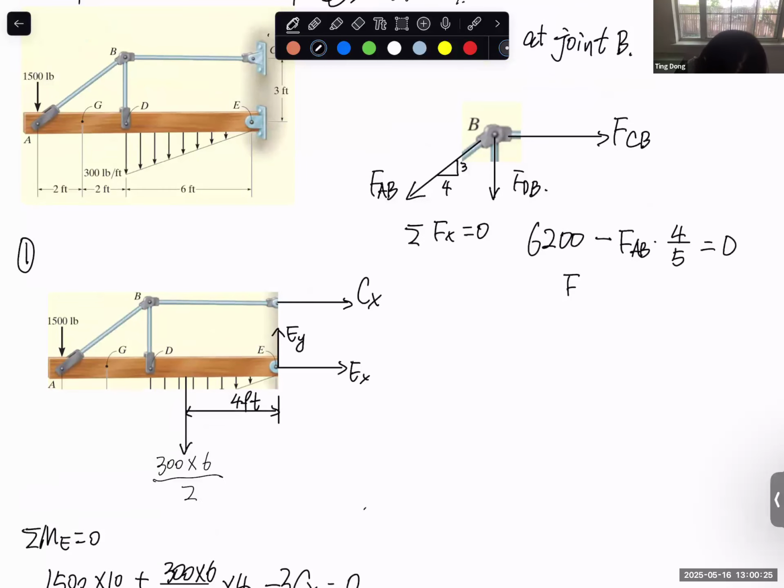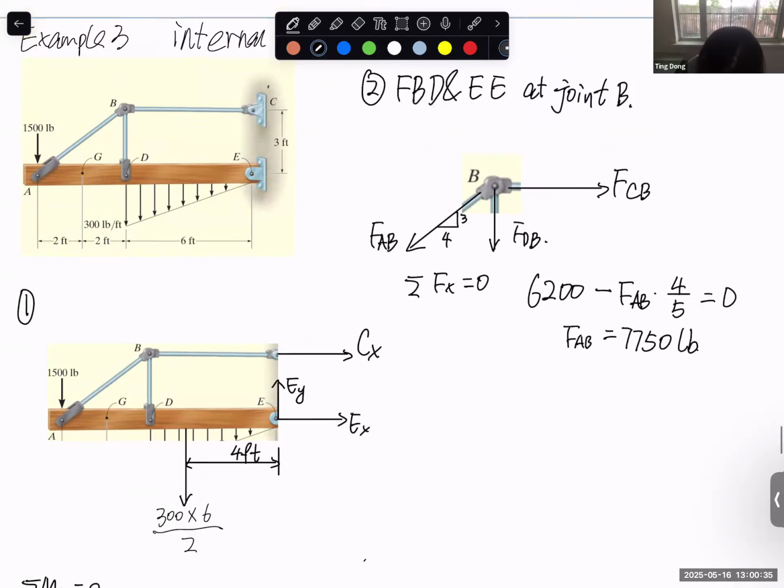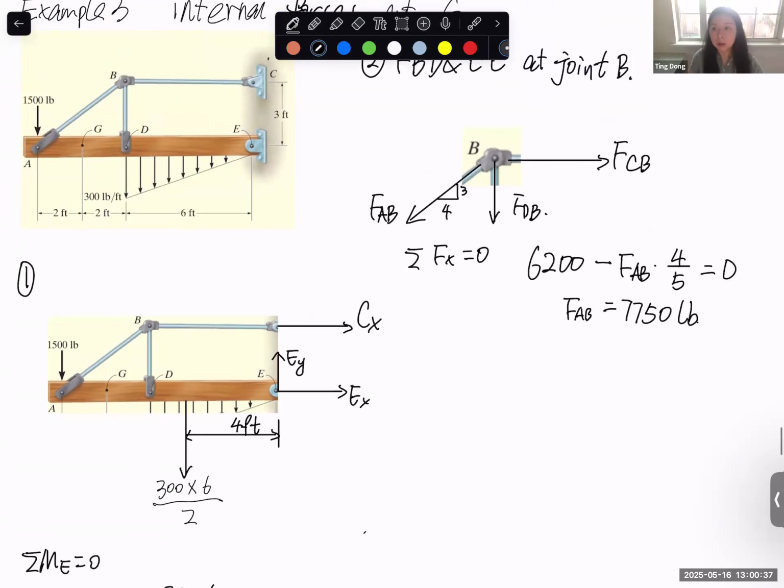So now FAB equal to CB in the opposite direction, since it's opposite of the wall.